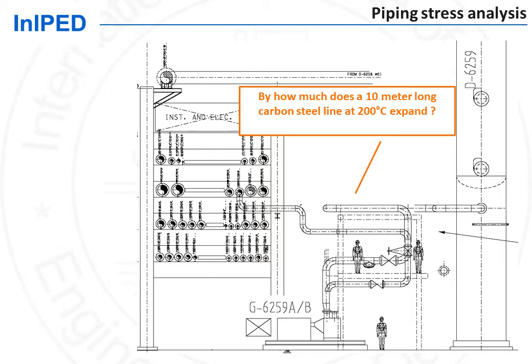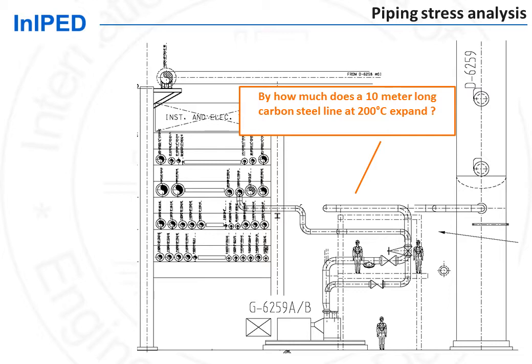Do you know by how much a 10-meter long line expands when its temperature rises to 200 degrees? It expands by 20 millimeters. Therefore, one understands that direct connection between the nozzle of the column and the nozzle of the pump cannot be done.